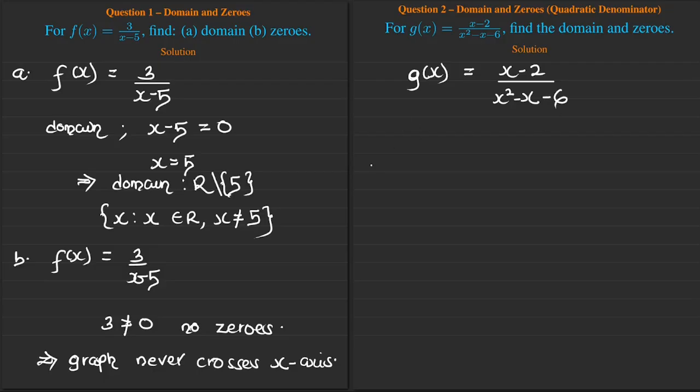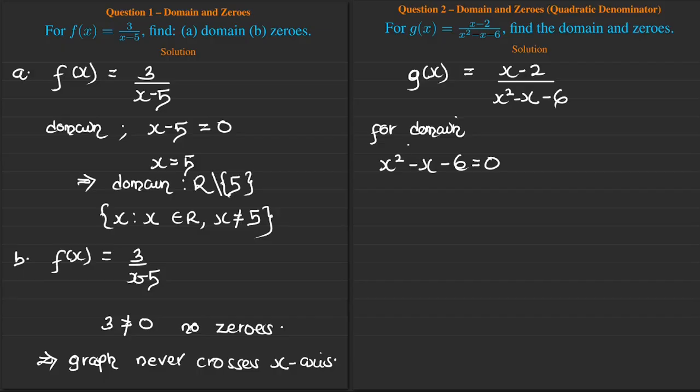So for the domain, just as we saw for the previous one, we would have to equate the denominator to 0 and then exclude those values that make our denominator 0. So for the domain, we have x squared minus x minus 6, which is equal to 0. We then need to factorize this.